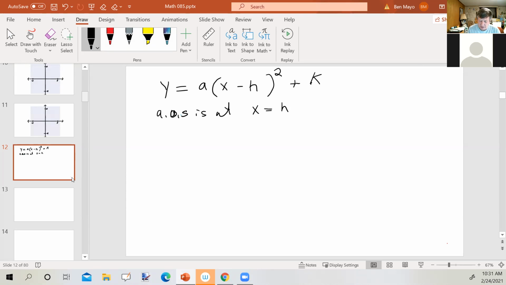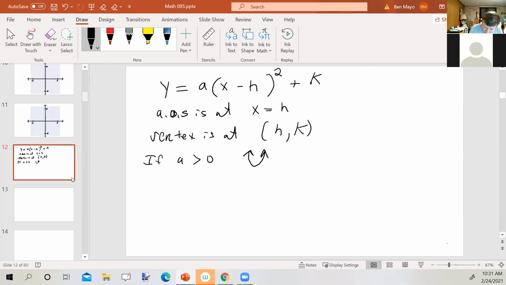It's an equation, x equals whatever number h is. The vertex is at the ordered pair (h, k), and if a is greater than 0, the parabola opens upward. If a is less than 0, the parabola opens downward.